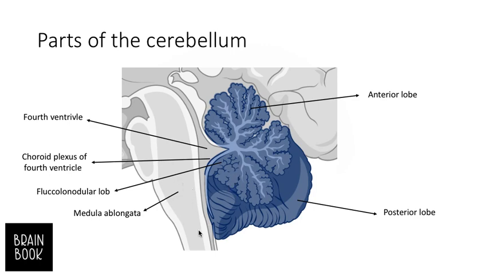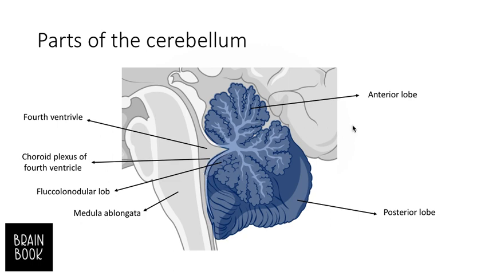Here we have the medulla oblongata, the midbrain, pons, and here we have the fourth ventricle, which is connected to the third ventricle here via the cerebral aqueduct. And also here we have the choroid plexus of the fourth ventricle, which lies here.